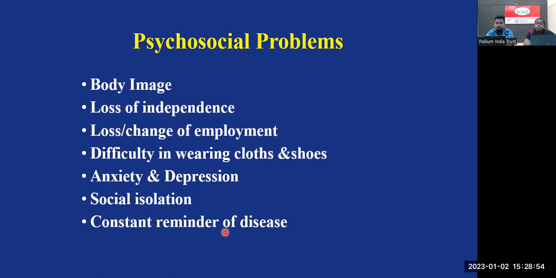Another major part is the constant reminder of the disease. We all know that if the patient underwent a total mastectomy, definitely the person will develop lymphedema, but the patient doesn't know. If the edema starts in the arm, they might think, okay, my disease is spreading from my breast to my arm.